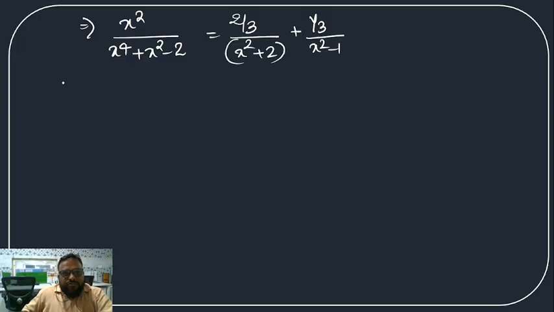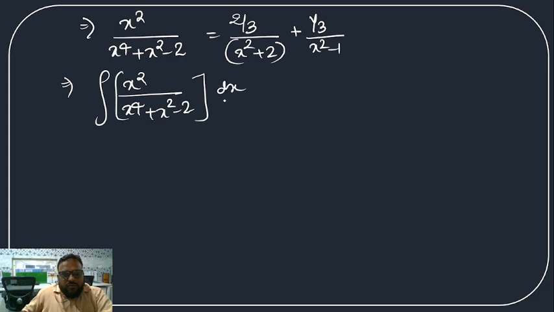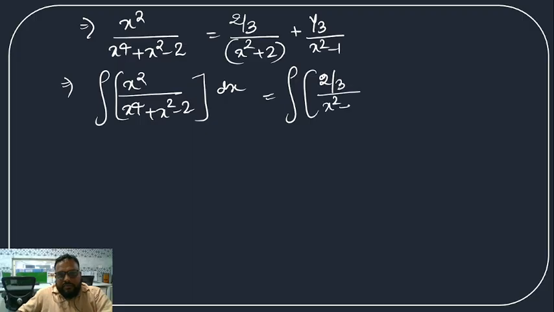Now when you go to our original problem, that was integration of x square by x to the power of 4 plus x square minus 2 dx. So when I apply the integration for the simplified terms, I will get integration of 2 by 3 by x square plus 2 plus 1 by 3 by x square minus 1 dx.